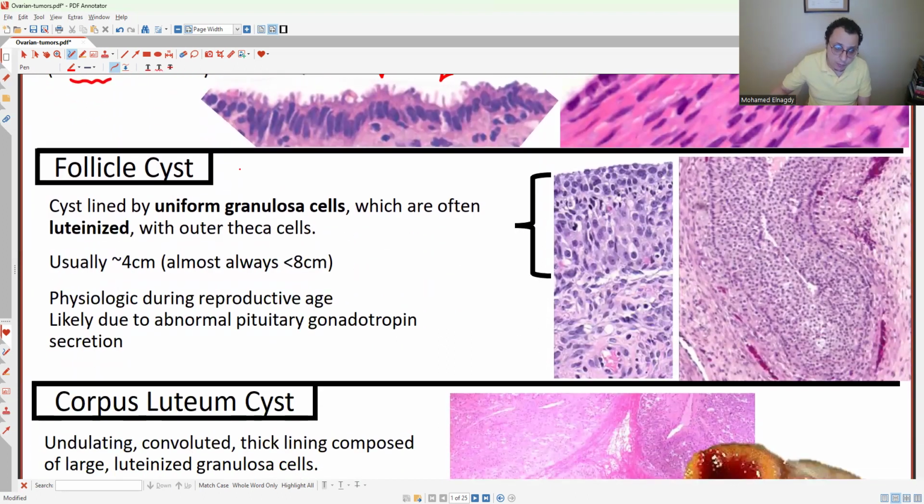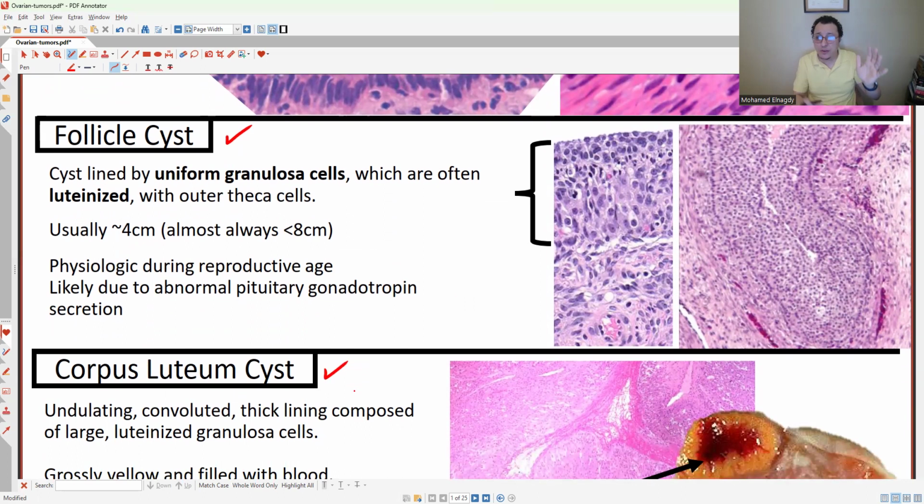Follicular cyst on the opposite side. Some attendings don't care whether you call it follicular cyst or corpus luteum cyst, honestly, because in both of them you will have luteinized cells.